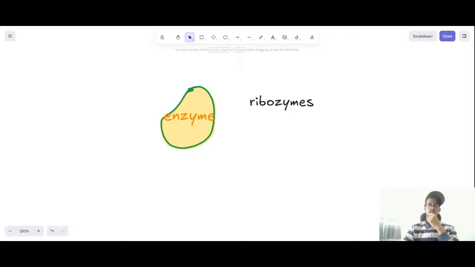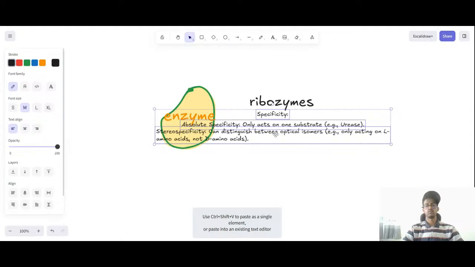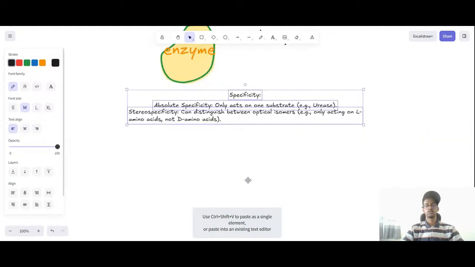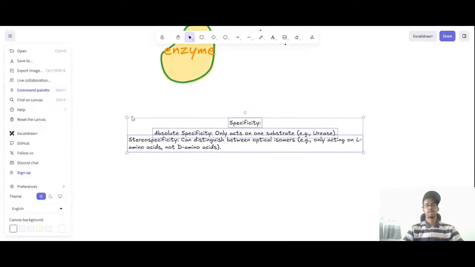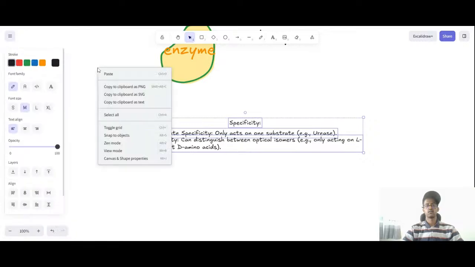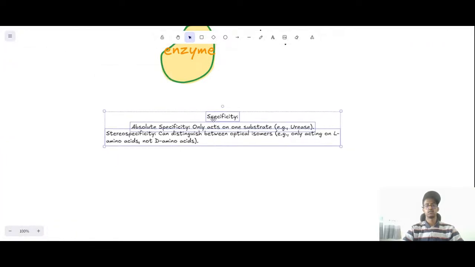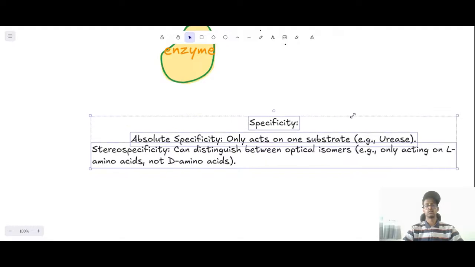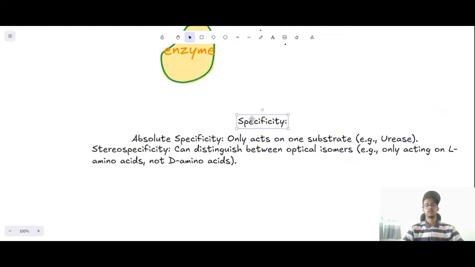Specificity: absolute specificity and stereospecificity. Let me share the copy and put my notes in the space. So this is my note for specificity.